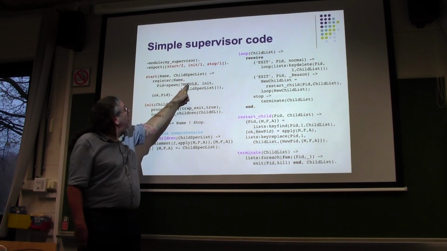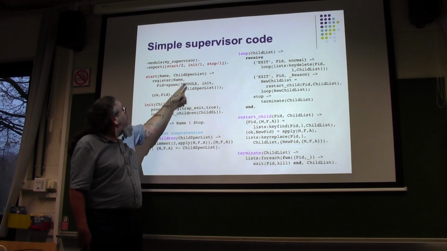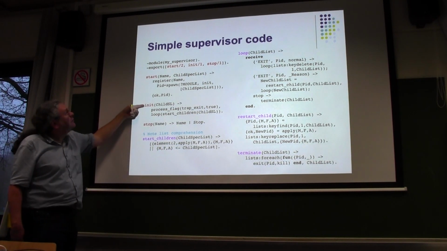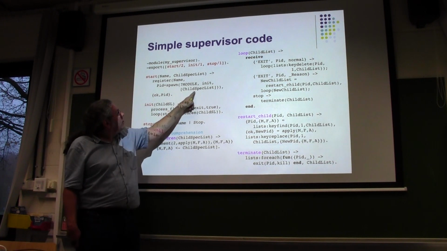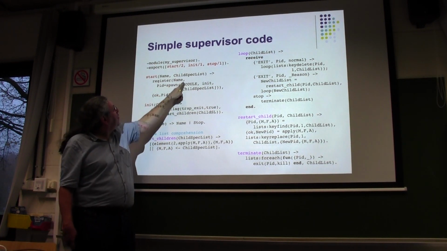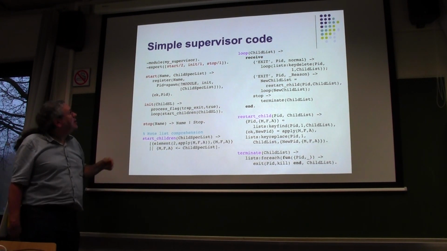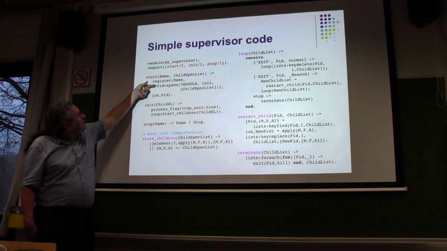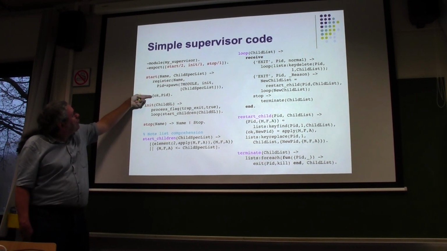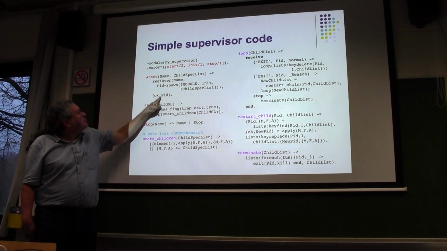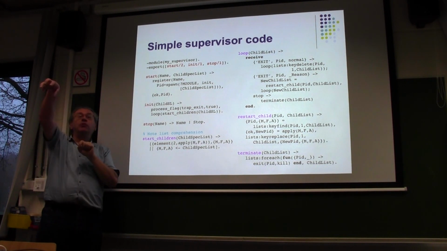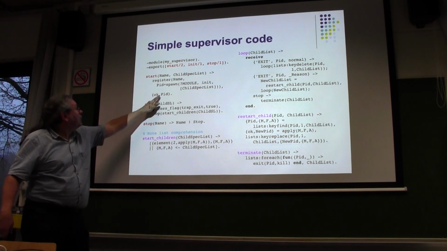So it will be my_supervisor, and it will start a process and call init, with the argument being the list of child specifications. Okay? So when you start it up, it starts this, and then this one returns ok and the PID, which is basically the actual supervisor process.